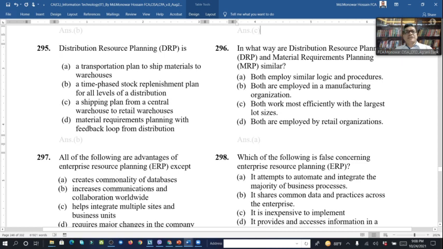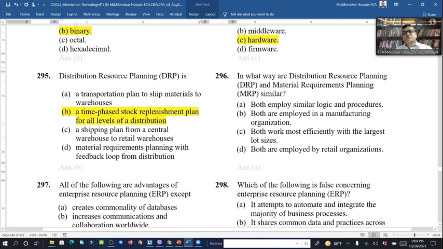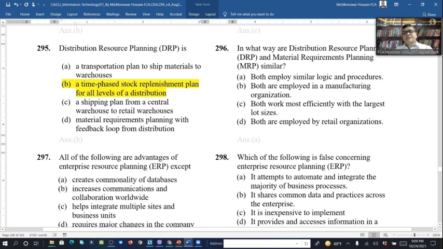Distribution resource planning, DRP, is a time-phased stock replenishment plan for all levels of distribution. In what way are distribution resource planning and material requirements planning similar? They both employ similar logic and procedures.